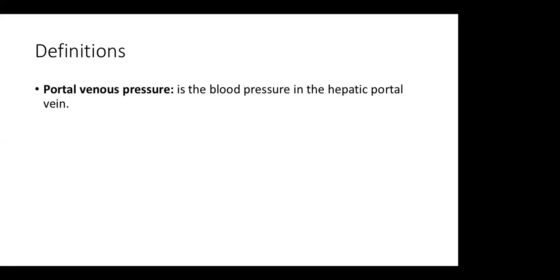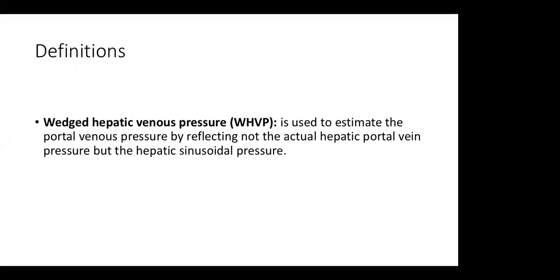So before going further in this major topic, just to have some definitions, starting with portal venous pressure, which is the blood pressure in the hepatic portal vein. Hepatic venous pressure is used to estimate the portal venous pressure, reflecting not the actual hepatic portal vein pressure, but the hepatic sinusoidal pressure.